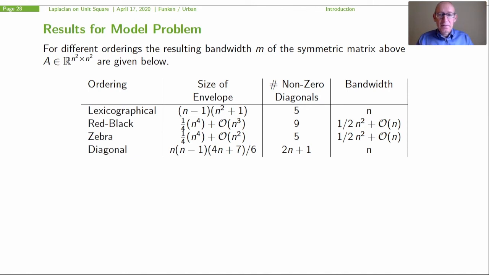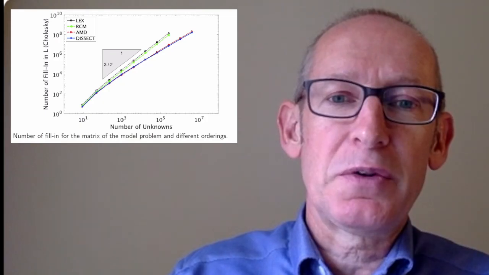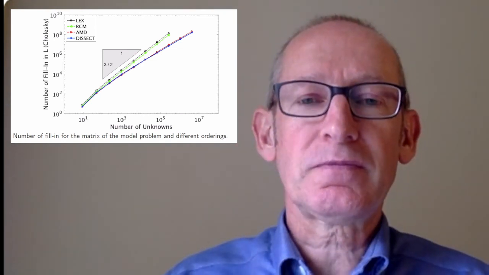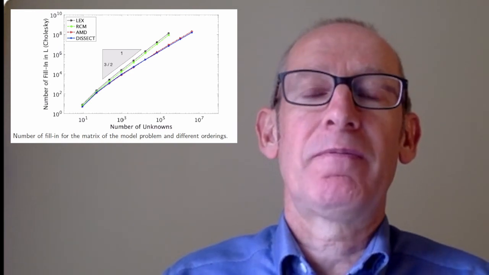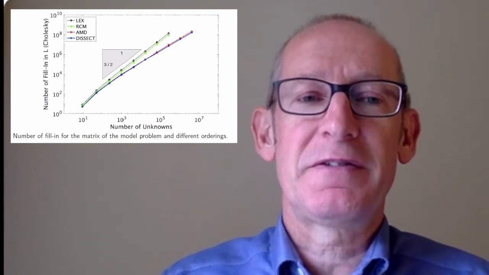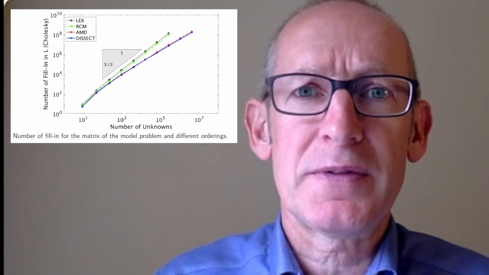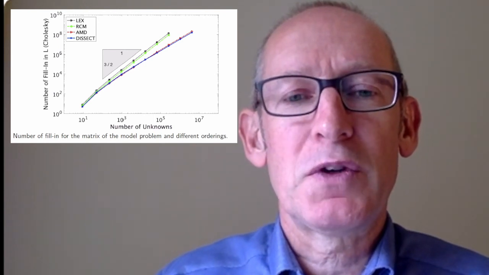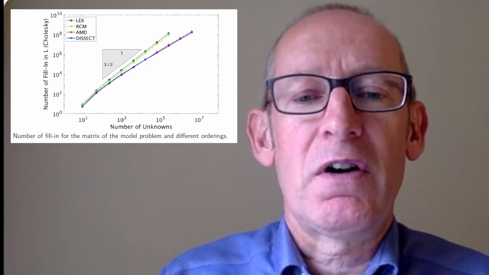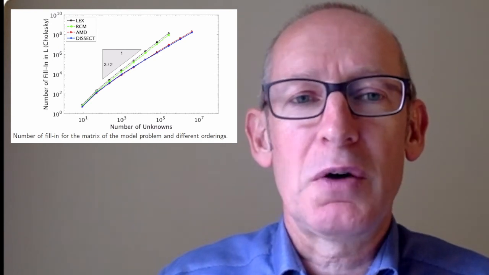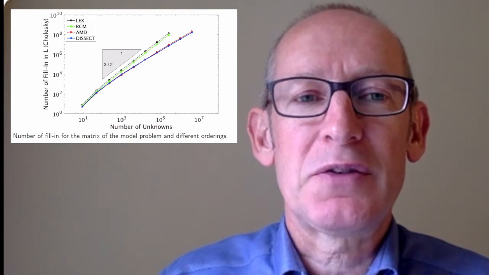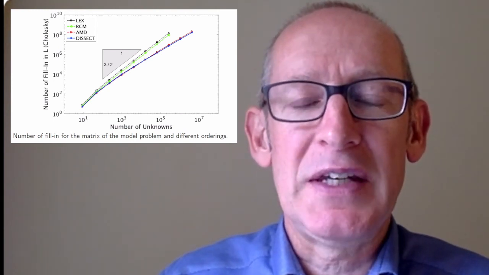Now we come to the ordering schemes I mentioned before. If you do the example on our unit square again, you will see the fill-in, not the size of the envelopes, the fill-in. So do your Cholesky decomposition and count all the entries which are non-zero. You will see that for a number of unknowns up to 10 to the power 7, you will have fill-in of around 10 to the power 8 when you use the AMD or dissection method.